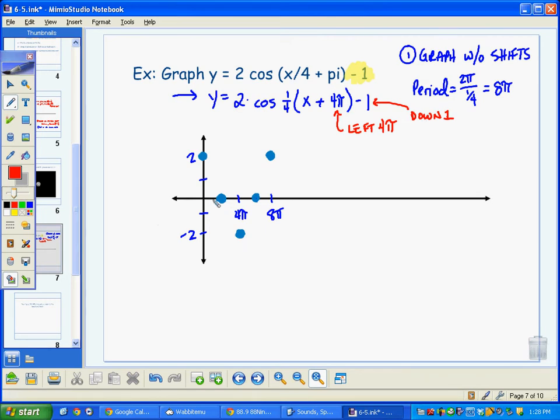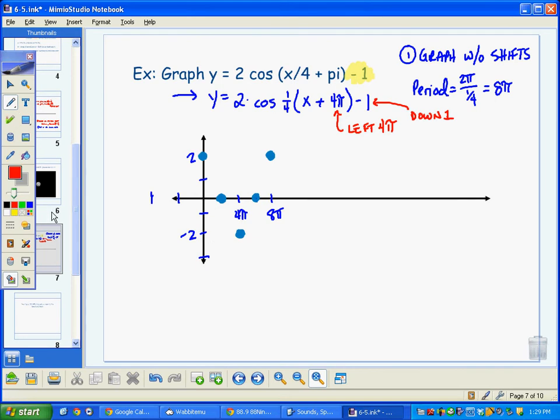So 4 pi, that's going to be 2 tick marks, 1, 2, to get to 4 pi, but I'm moving to the left, so I'm going to have to add some tick marks on the other side here. 1, 2, which unfortunately my axis doesn't go that far. And then I'm going to be moving down 1, so my axes are going to have to go down an extra 1 down here to -3.